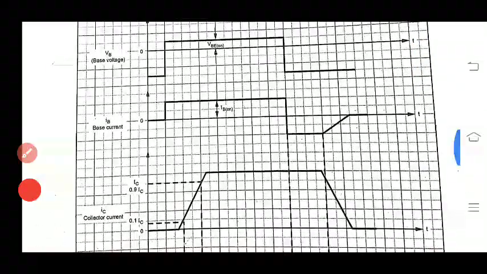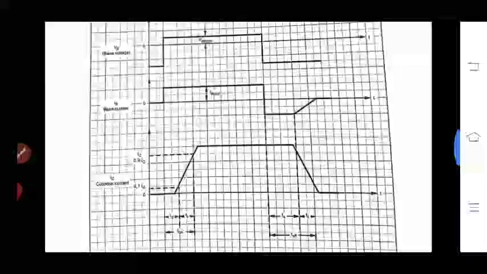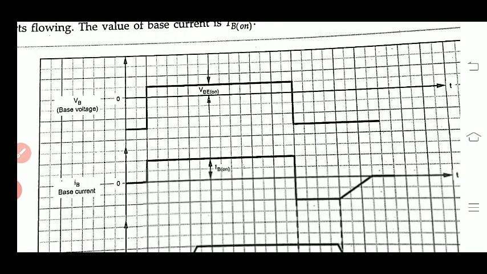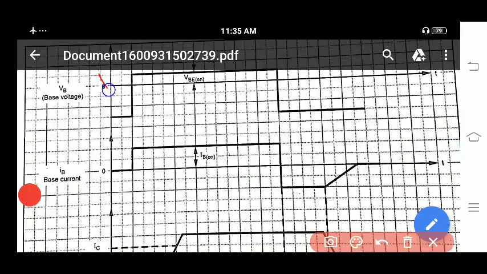Next we will see the graph here, and how it works. Obviously, if you want to make this BJT on, you have to apply VB. Initially VB will be negative, then it will be increased.